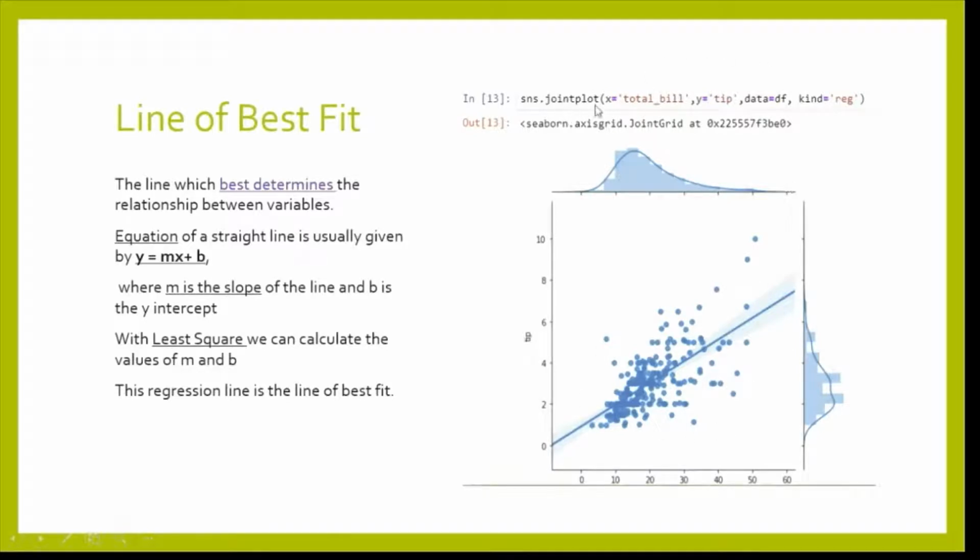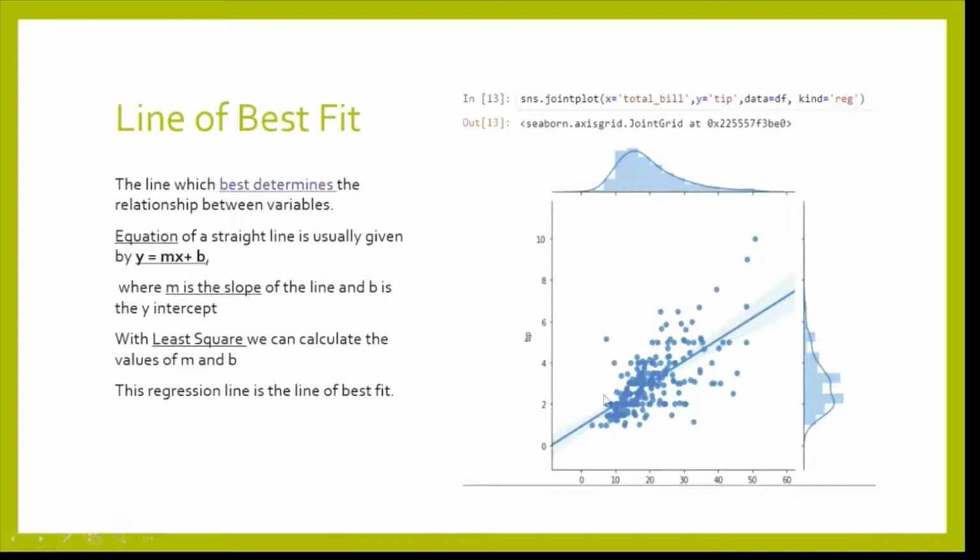This is an example I've taken from the total bills and tips dataset, which we did as a data analysis to understand the Seaborn library and its plots. Now suppose you've got lots of data and it is plotted like this. You have to determine a line across all these points which can help me understand the variance, the spread of the data, so that my error is reduced and it is fitted in this model.